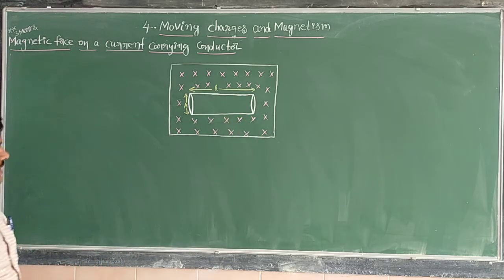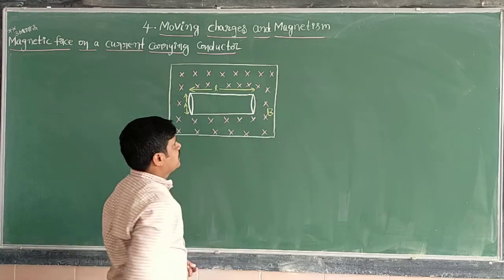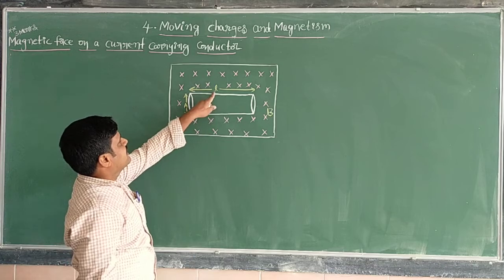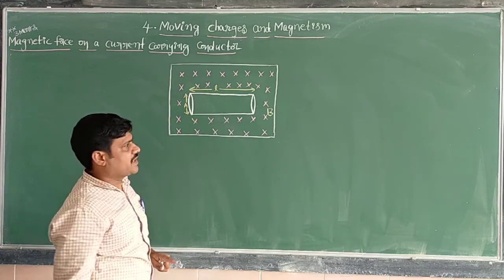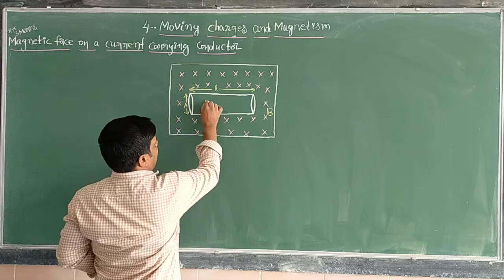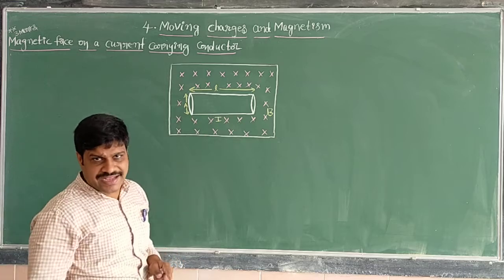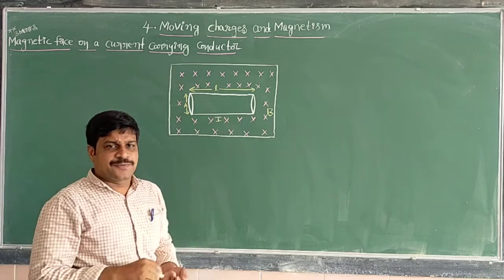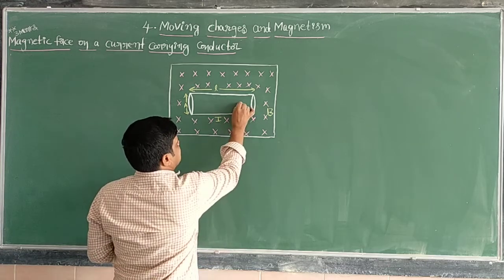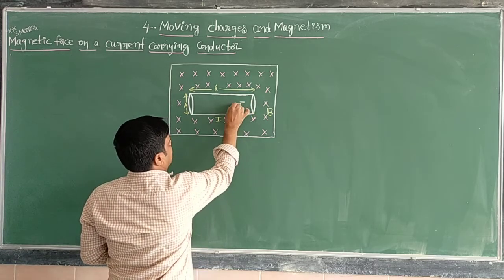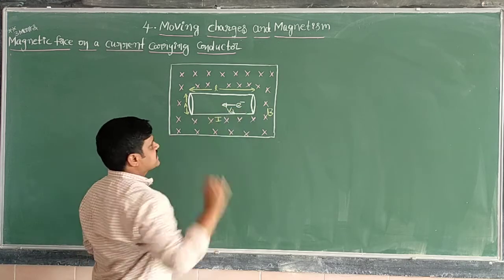This is the magnetic field B. In the magnetic field B, the conductor of length L and cross-sectional area A has current I flowing in it. When current is flowing, the electrons inside the conductor drift with some velocity, the drift velocity.